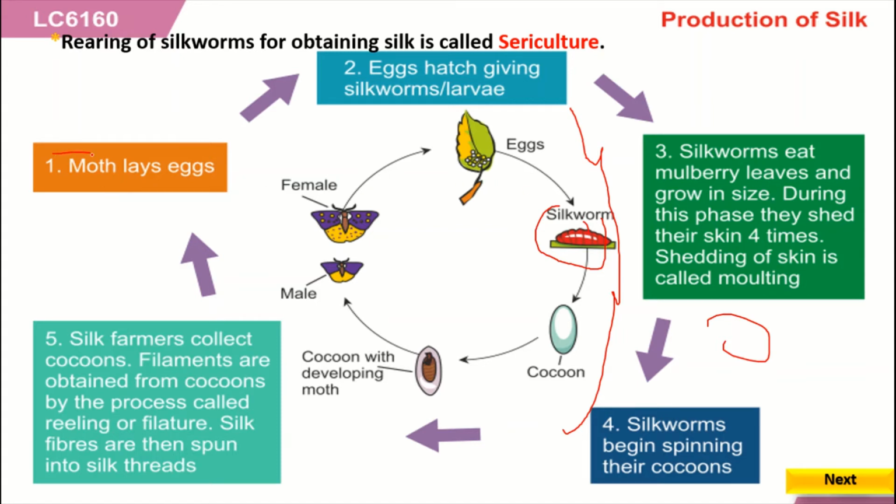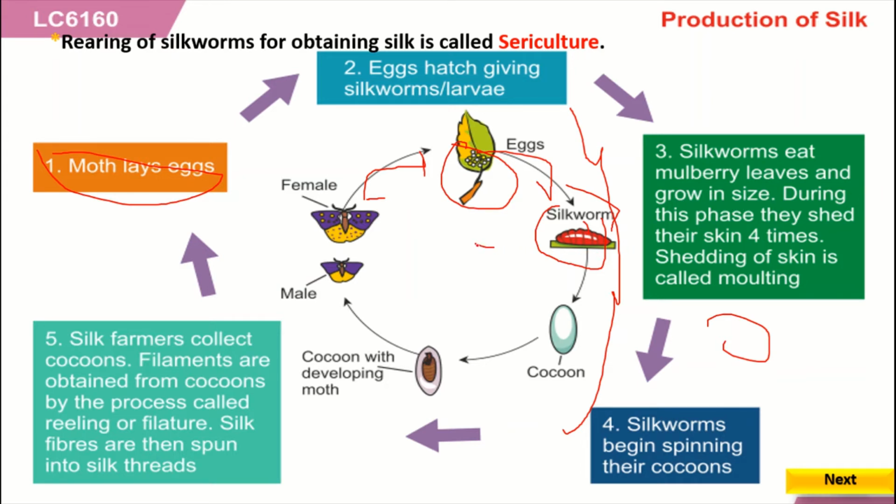First the silk moth lays eggs, and these eggs hatch, giving silkworms or larvae. Silkworms eat mulberry leaves and grow in size.